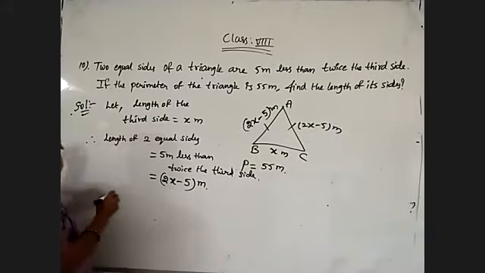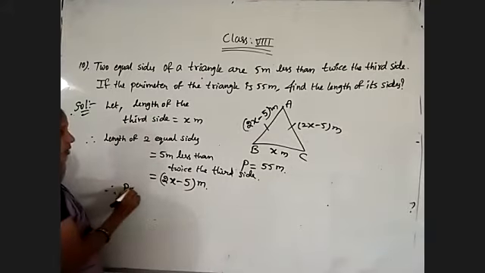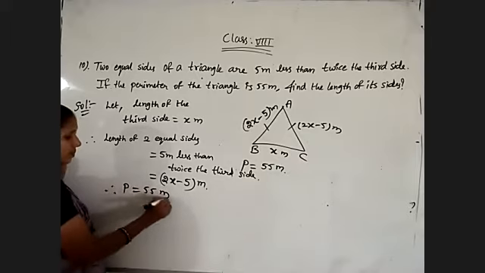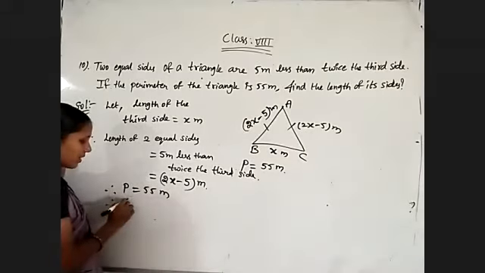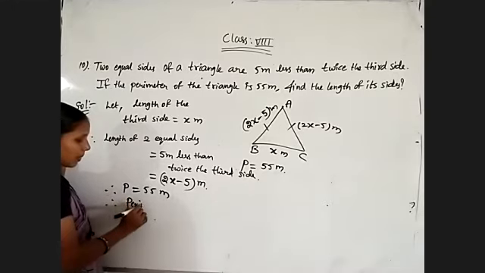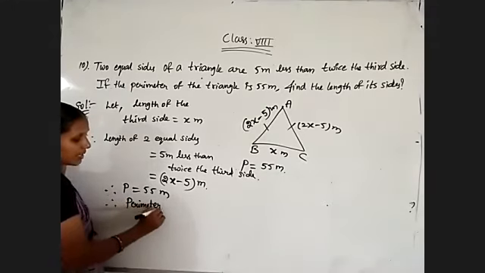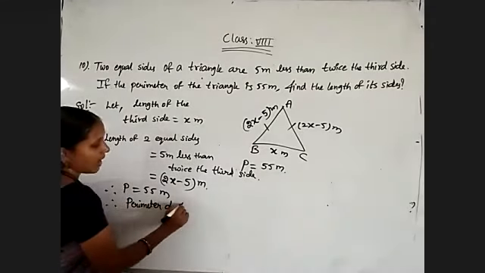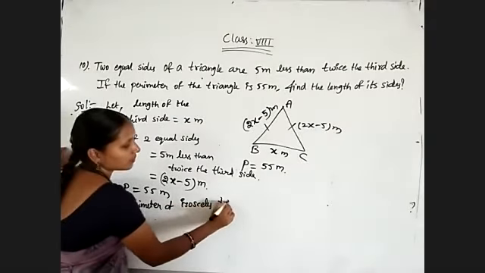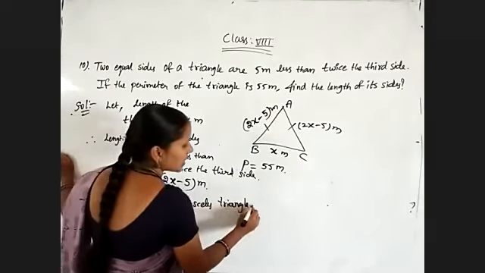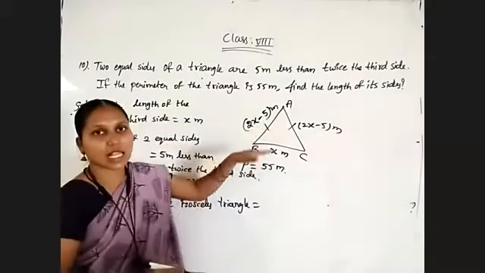So the sum, the perimeter, is given as 55 meters. This is given in the question only. So the perimeter of the isosceles triangle, what is the formula? If you don't know the formula, for a triangle just add all the sides.